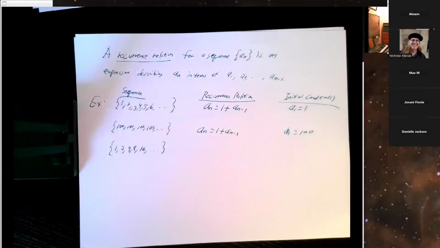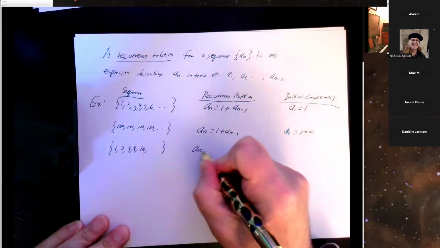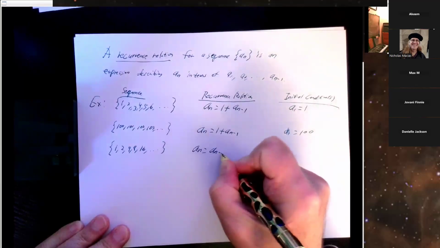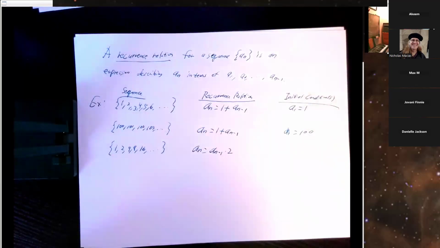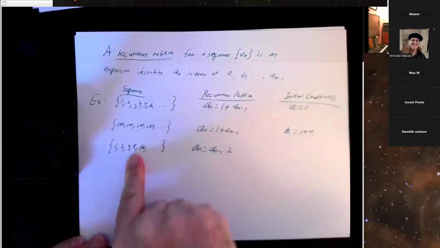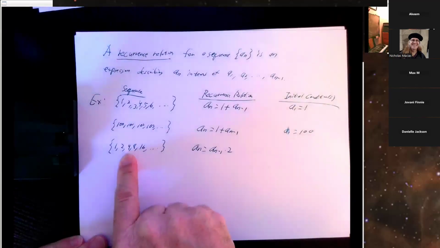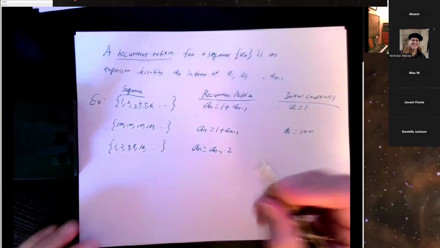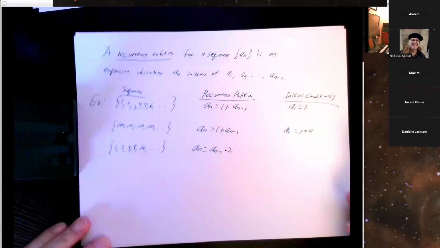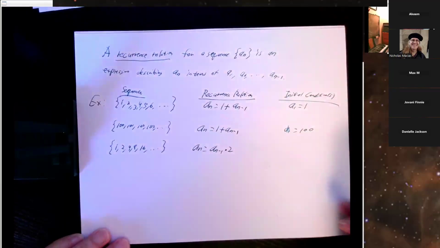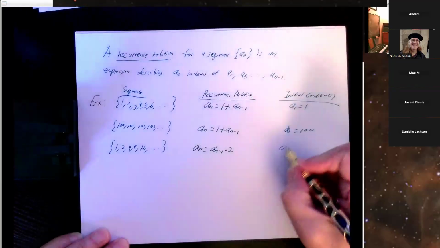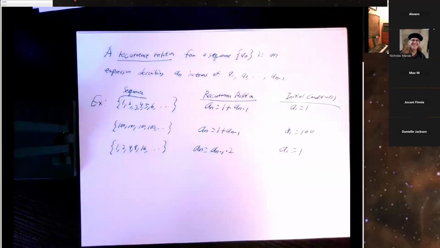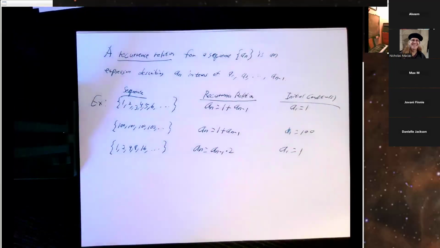A_N equals A_(N-1) times 2. Nice. So the fourth term, 8, is just the third term, 4, multiplied by 2. Perfect. And for an initial condition, I'll just say A1 equals 1, because that's the first term of the sequence.